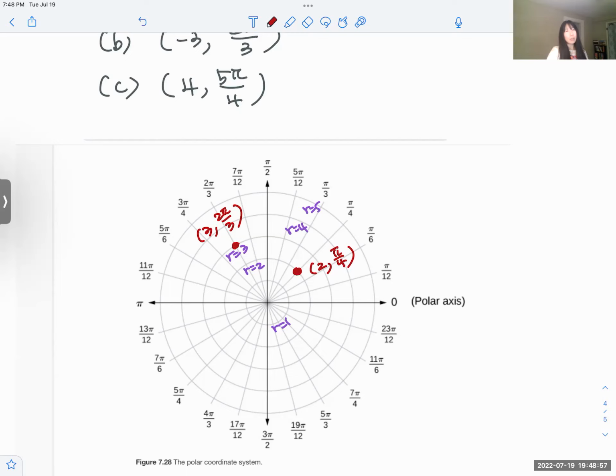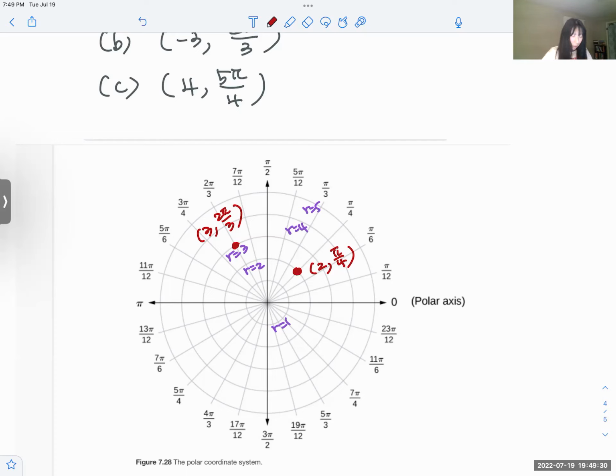Now, the answer: we want to look for -3, which is the opposite way. The opposite of that will be 5 pi over 3, but we don't indicate that as 5 pi over 3.